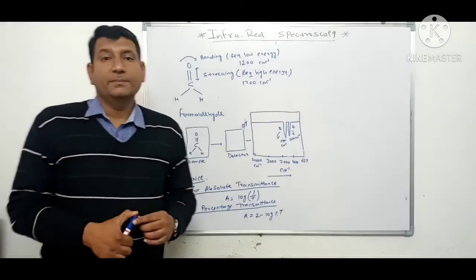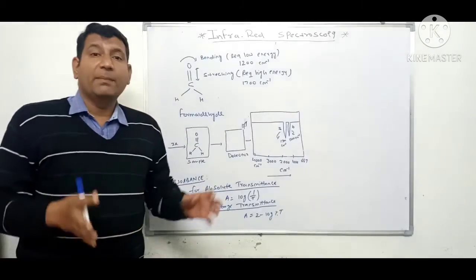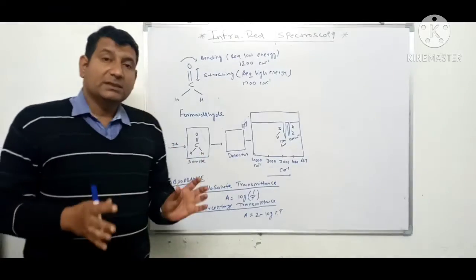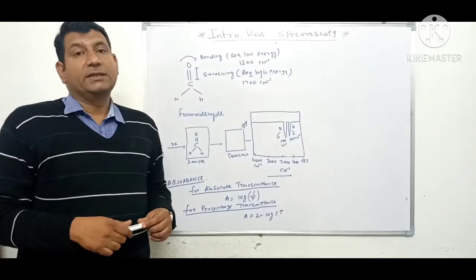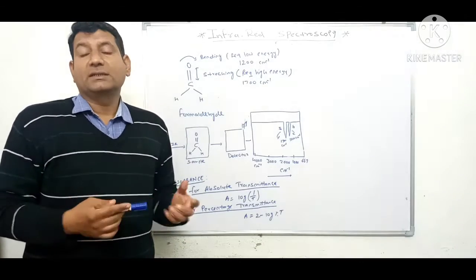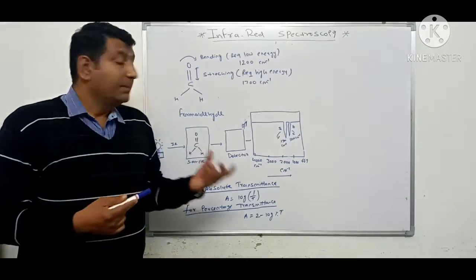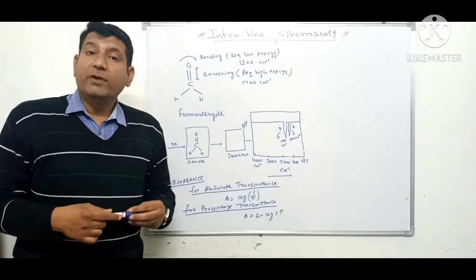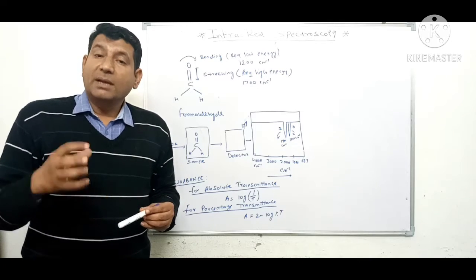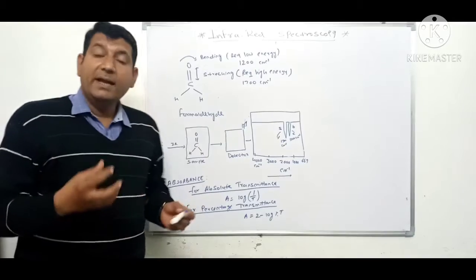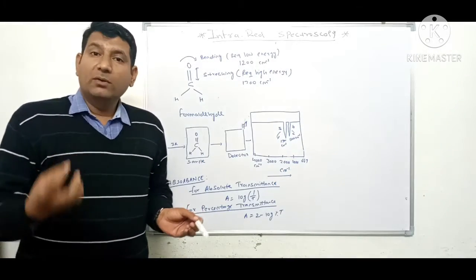So this is about infrared spectroscopy, how it works, taking the example of formaldehyde. Now we will discuss the instrumentation part of IR spectroscopy in our next lecture. In these two videos we have discussed majorly the introduction and principle of IR spectroscopy. We discussed what happens when light falls on the sample and it absorbs the radiation, like formaldehyde, and starts vibrating or rotating, and there are two types of molecular vibration.